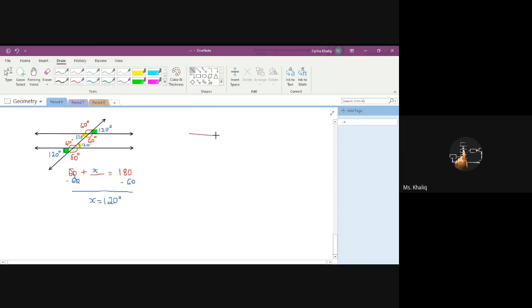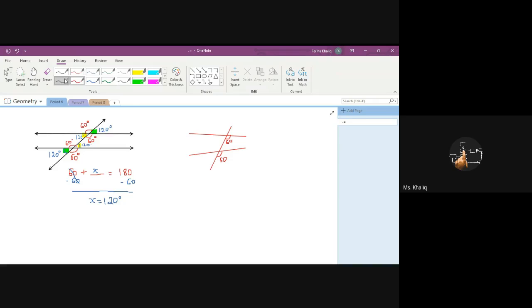So for example, if I'm given something like this, and it's cut by a transversal, and here they're telling us perhaps this angle is 50, and this angle is 60.